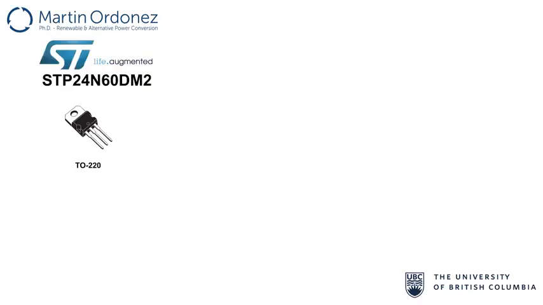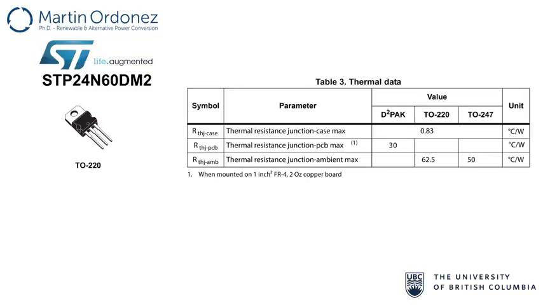Let's choose a MOSFET. In this example, I am using the TO220 MOSFET. If we take a look at the datasheet of the MOSFET, we can find a table with the thermal information for the component. For our selected device, there are 2 different thermal resistances, which are related to the mounting of the device.